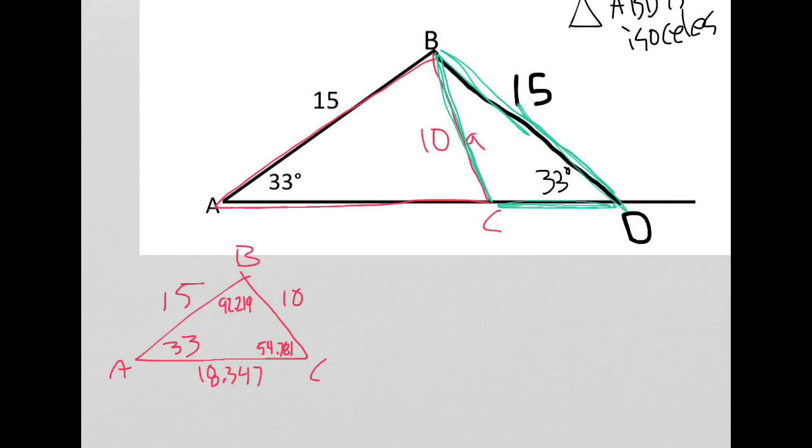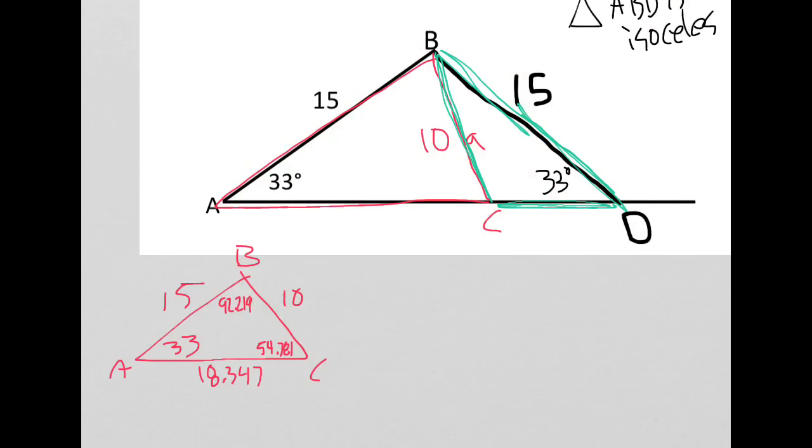We have the same starting conditions. We have a fixed angle of 33 degrees, just like that right there. We then have a side length of 15 attached directly to it. And then we have a side opposite the 33-degree angle of length 10. But that green triangle is clearly not the same as that pink triangle.